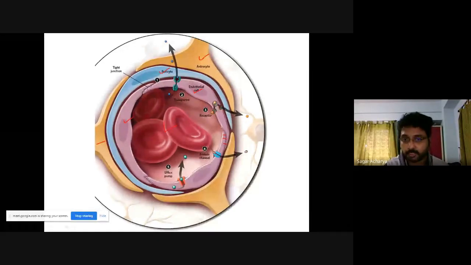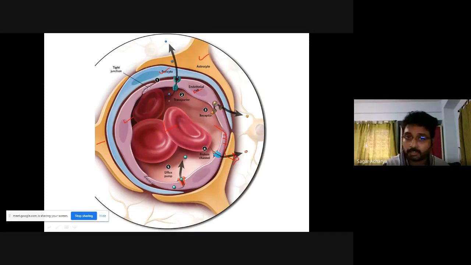One is called paracellular transport, that occurs in between the endothelial cells. Where there is no tight junction or tight junction capacity is not that much, you can find paracellular transport there.